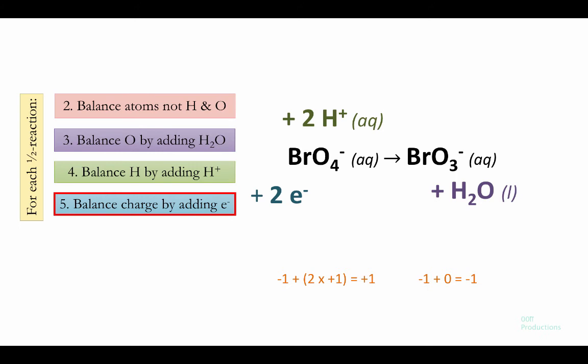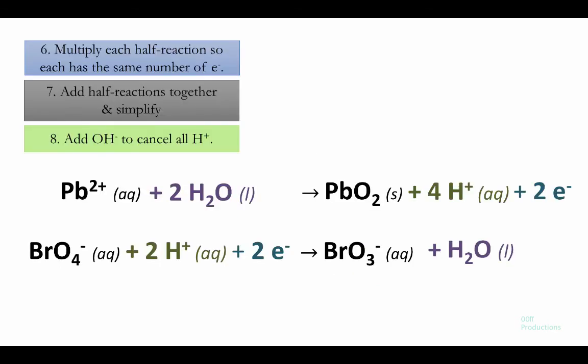That would be the left side here, so we're going to add 2 electrons. Check your math. Right side hasn't changed. Left side, we now have -1 from the perbromate, 2 +1 charges from the hydrogen, and 2 -1 charges from the electrons. That all adds up to -1. So we have -1 on both sides. We're good. Let's put those together.